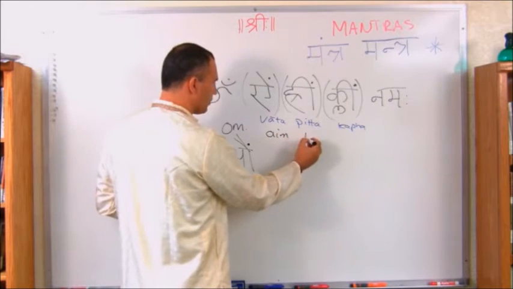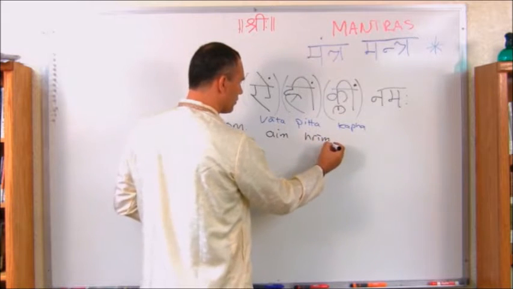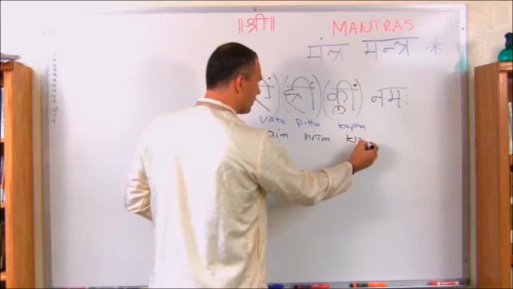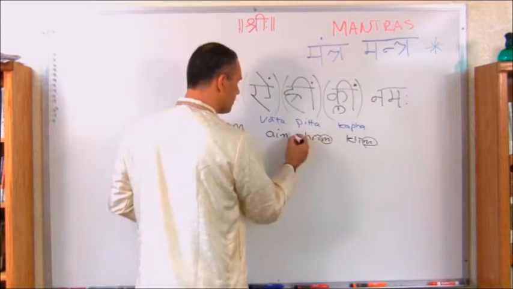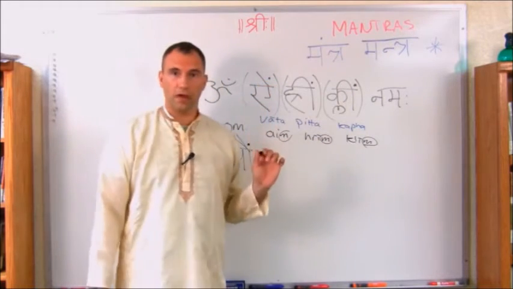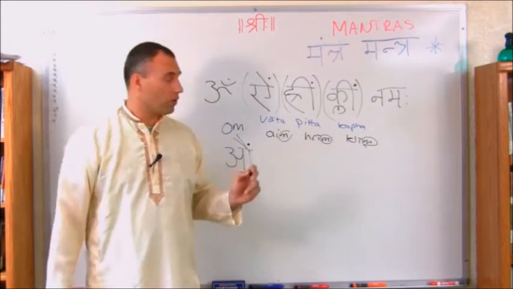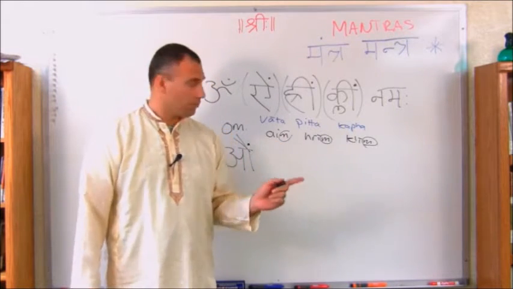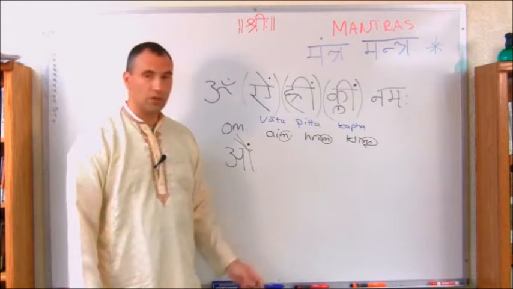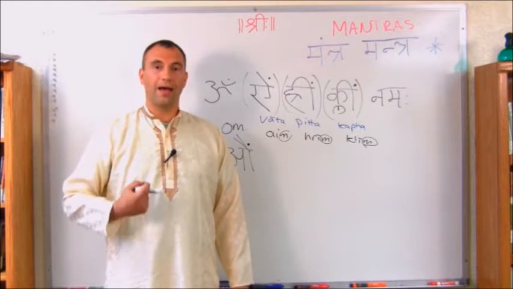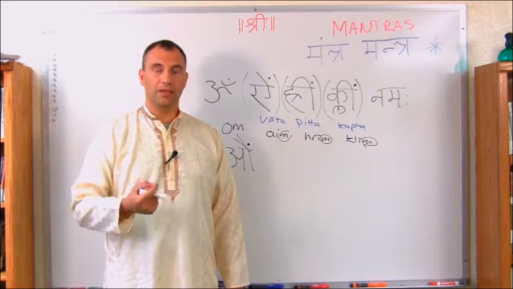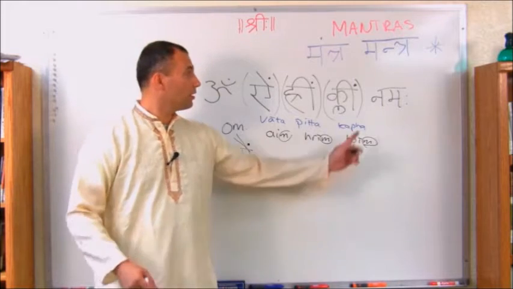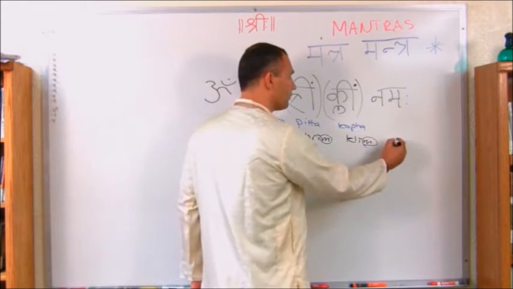Aim, Hring, Klim. Now this ma, as it's written, this is really the Anusvara. This is a nasal. So how you pronounce it is going to depend on the following consonant, okay? But just for reference, it's written as Om, Aim, Hrim, Klim, Namaha.